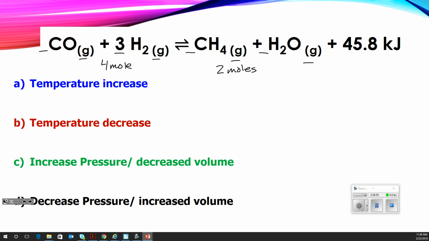Okay, so we're also going to talk about temperature. So let's do temperature first. Temperature is always going to be your kilojoules, or we say heat. And we do the same thing that we would have done with any other adding or subtracting of stuff. So if it says temperature increase, that means I am adding it in.